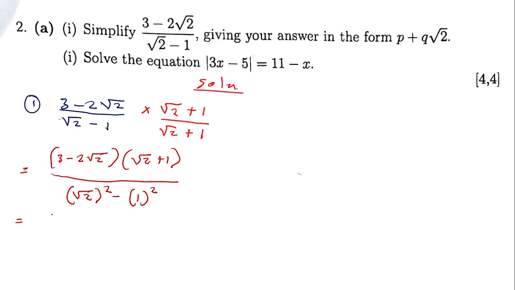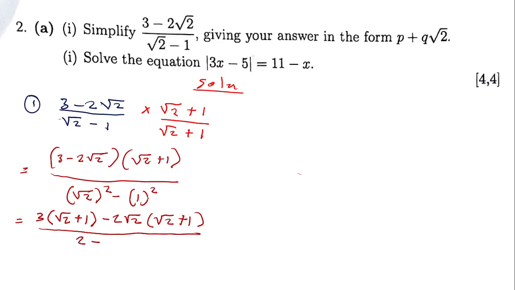So I'll say 3 times the bracket square root 2 plus 1, and then negative 2 square root 2 times the bracket square root 2 plus 1, and then down there square root 2 squared will simply be 2, minus 1 squared, which is 1.